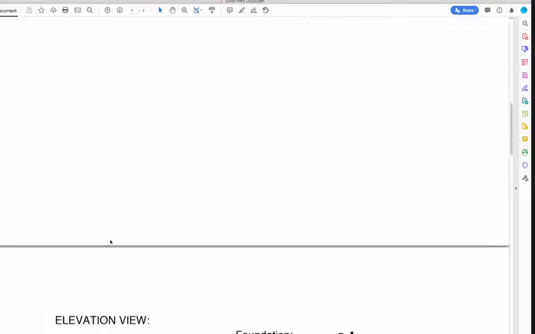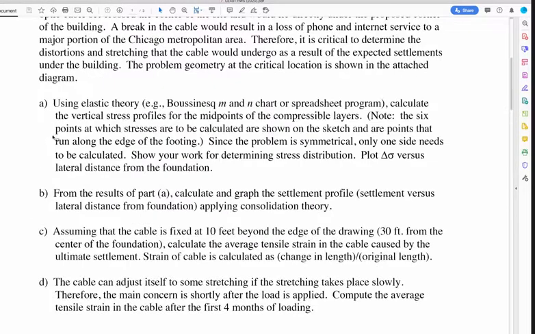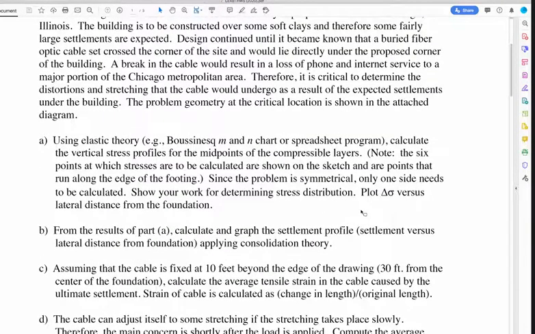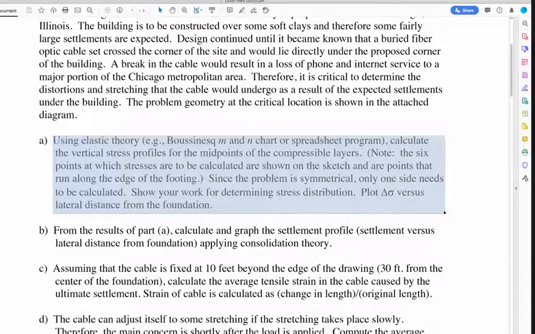What's being requested of you is to use the Boussinesq M&N chart, or develop this into a spreadsheet program. That would be utilizing the equations that I shared with you from the Salgado textbook, the M, N, C1, C2 business. There's a fair amount of parameterization there, but it's certainly not simple stuff. It's all just fractions and this kind of thing.